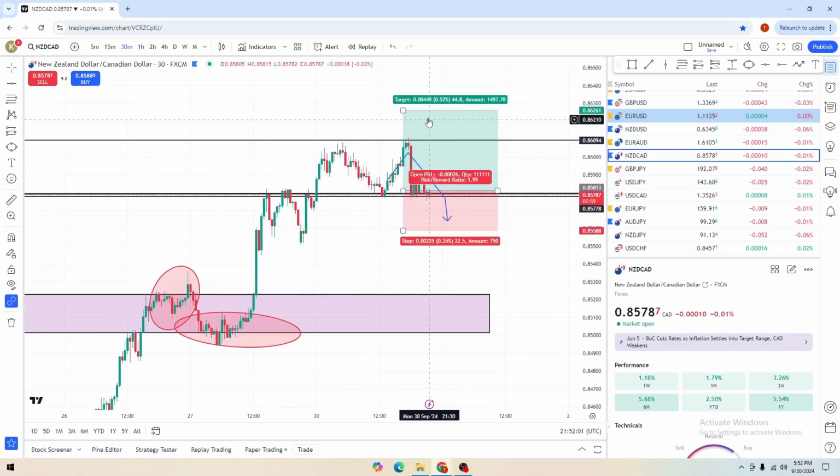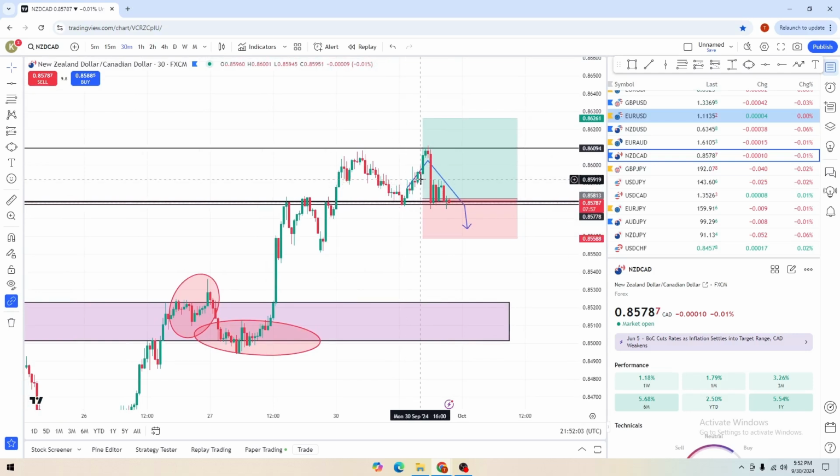So we did enter a trade right here. This was today. We were able to find where we have multiple rejections right here. We have 1 rejection, 2, and 3.